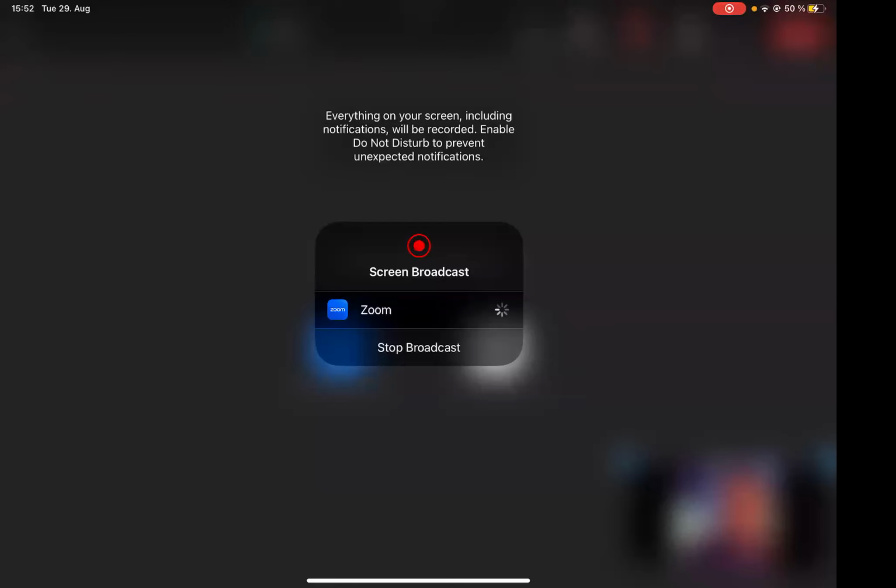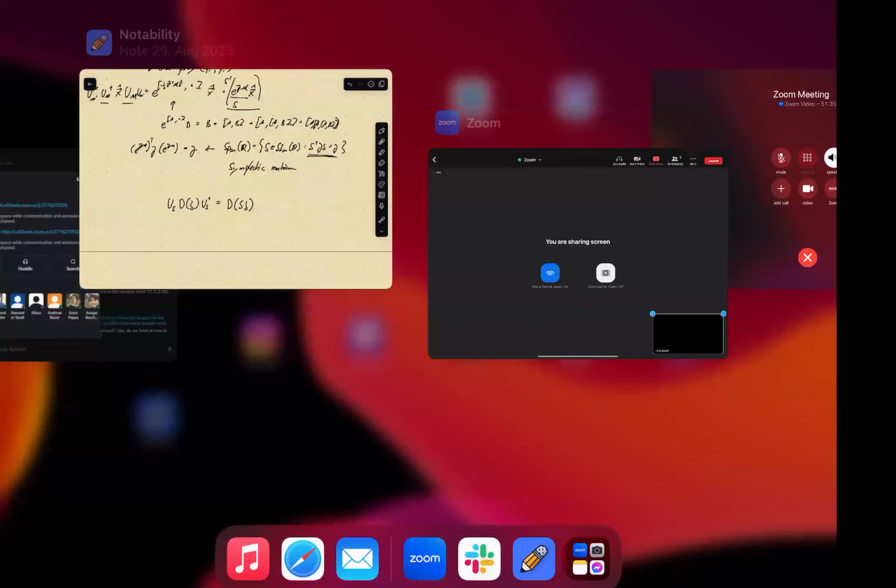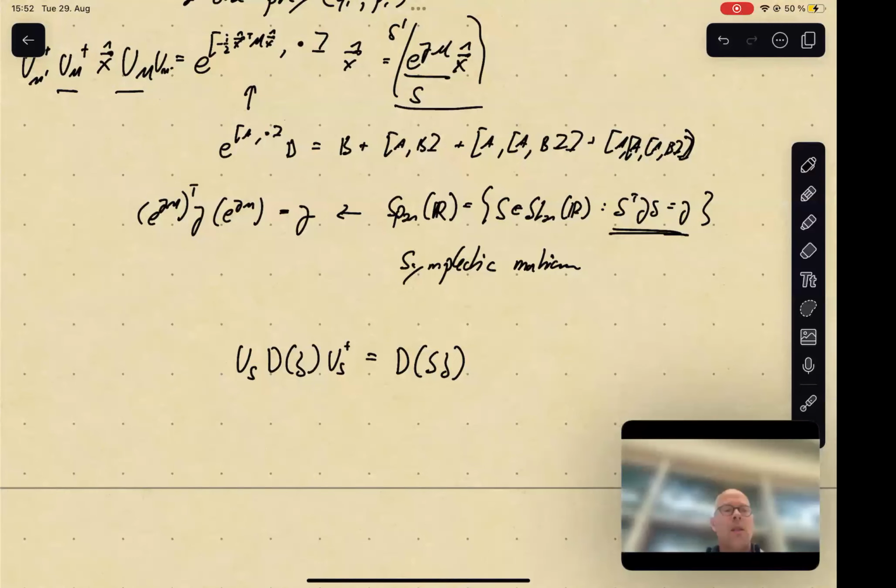What happened to the screen? Are you still sharing? Am I not? It was fine until a second ago. Somehow it just stopped. The iPad disconnected from Zoom. Now it should be back, right? My iPad is sometimes a little slower when I'm charging it.